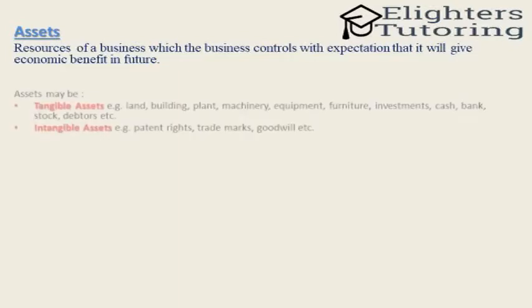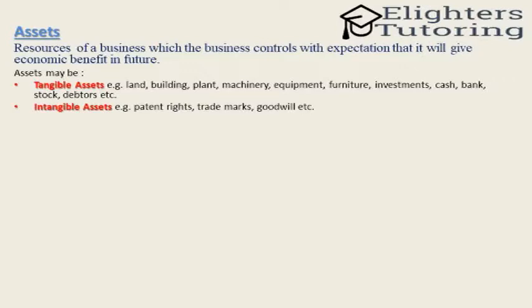We usually have two categories of assets, that is tangible assets and intangible assets. Tangible assets are those assets which are physical and you can see them. These are like land, building, plant, machinery, equipment, furniture, investment, cash, as listed in this explanation.